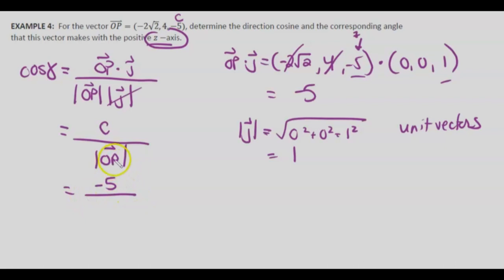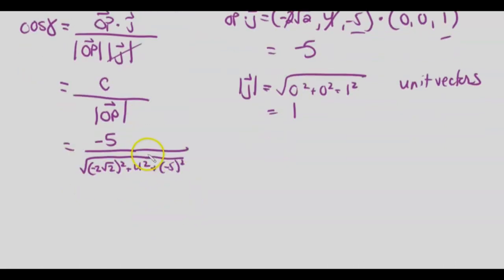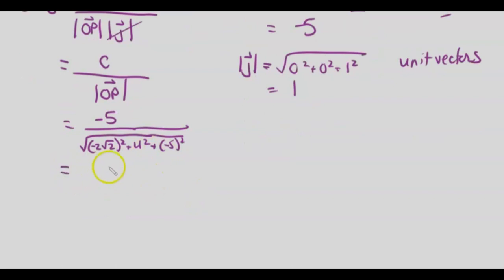The magnitude of vector OP, we can actually solve for that. That's going to be the square root of (-2 root 2) squared plus 4 squared plus (-5) squared. So that's -5 over, and if you need to do this on the side of your paper, that's fine, (-2 root 2) squared is -2 root 2 times -2 root 2.